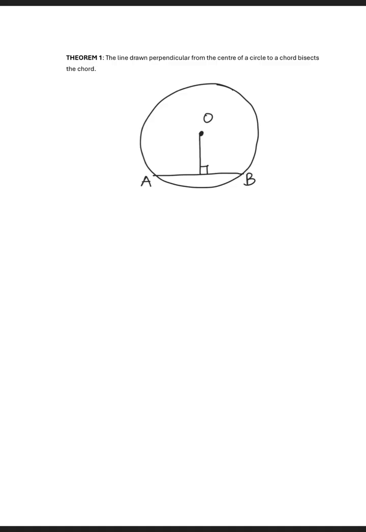So that's the theorem. It means here we want to prove, so I'm going to put a P here. So that means we are required to prove what? If we translate the theorem statement into mathematical symbols, what does that mean?